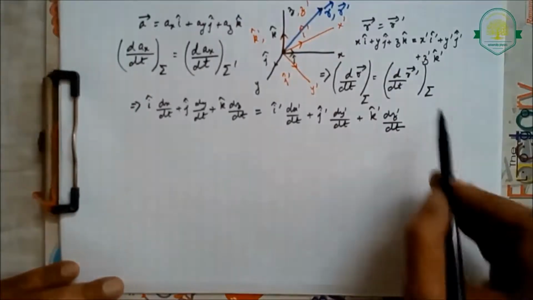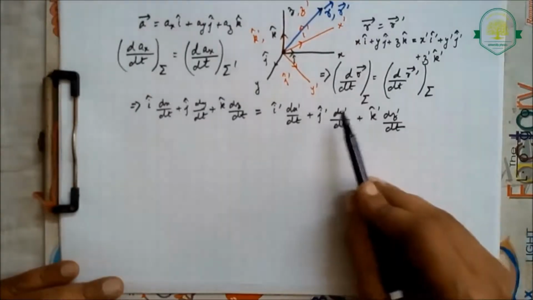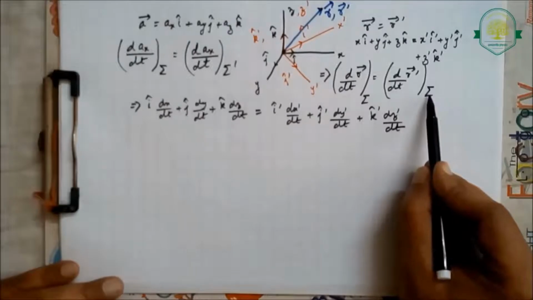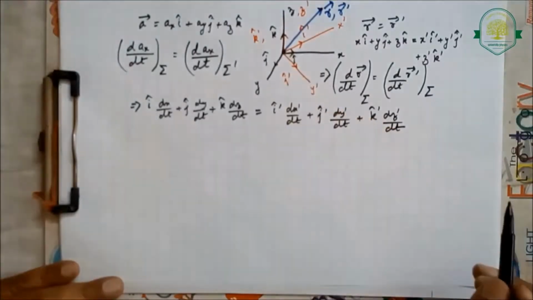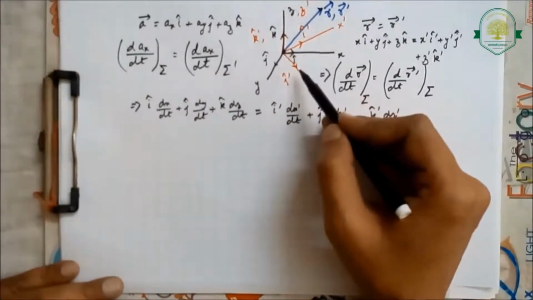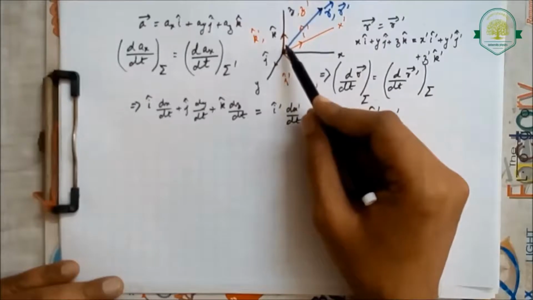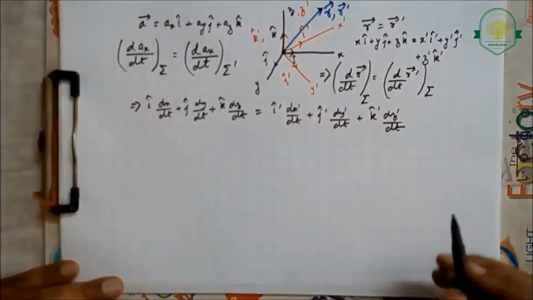However, we are differentiating with respect to the ground frame, and as seen from the ground frame, these unit vectors i prime, j prime, k prime are changing. In this example, i prime and j prime are certainly changing, but in general we can obviously think of a situation in which k prime will also change.